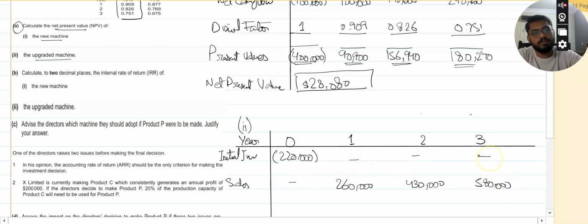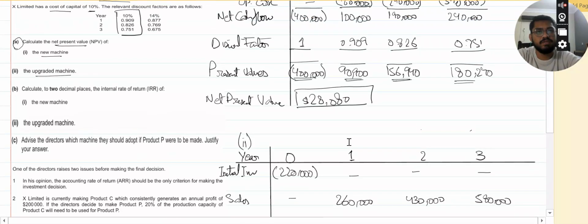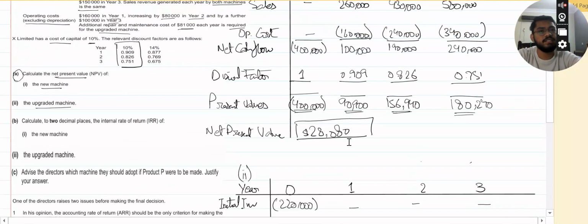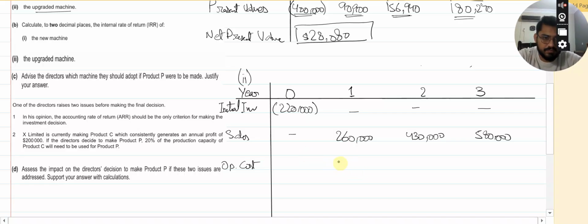Then we have some outflows, first in the form of operating costs, which are again same over here. So we have 160, 240 and 340,000. All of these are our outflows.